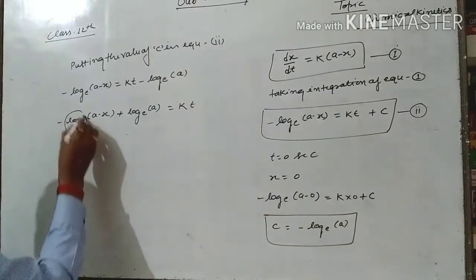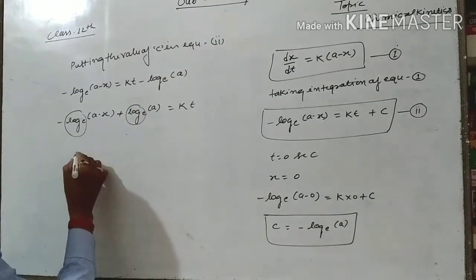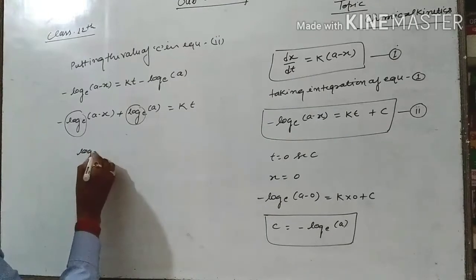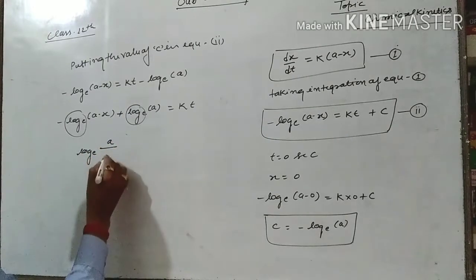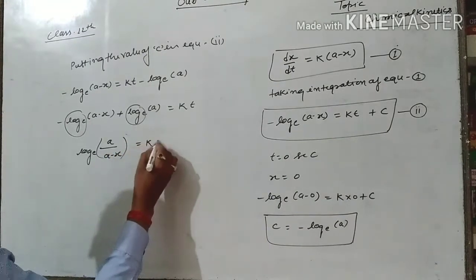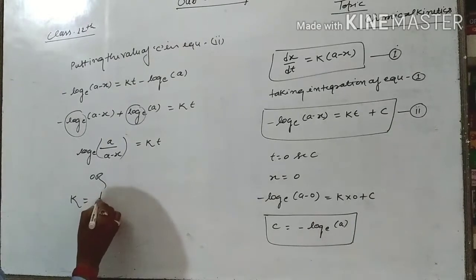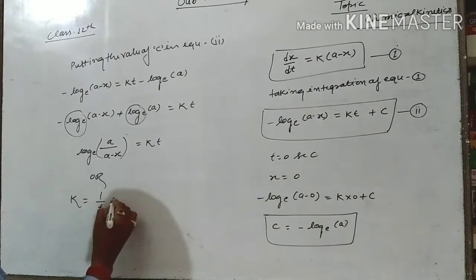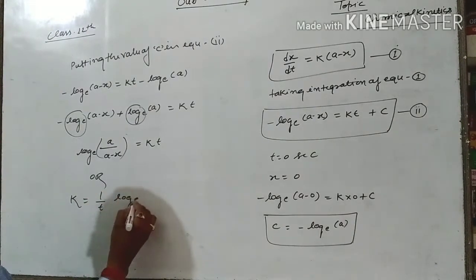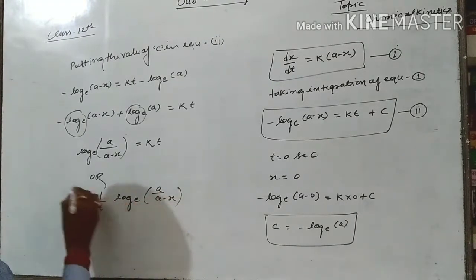As you are seeing here, log e is common in both, so I can write log e base a upon (a minus x) is equal to Kt, or K is equal to 1 upon t log e base a upon (a minus x).